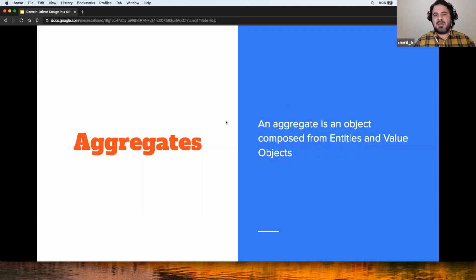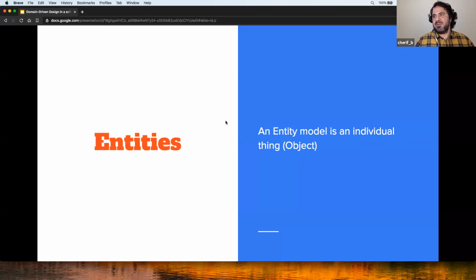In the principle of designing aggregates, it should be a bit small, not very big, for some reasons. It's composed of entities and value objects, and we will see what entities and value objects are.